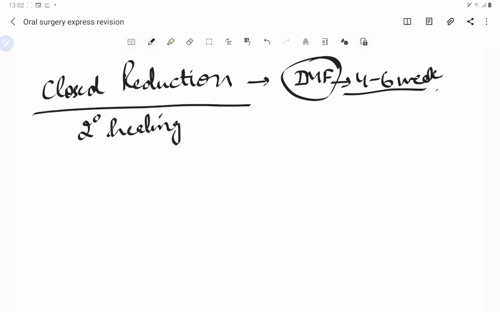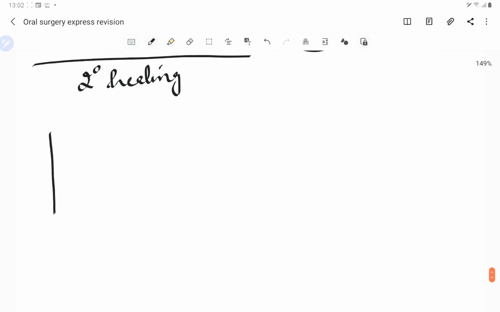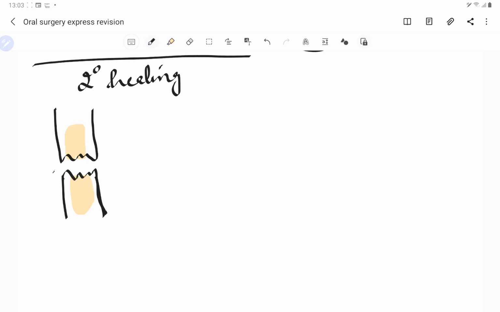Say suppose this was the fracture segment, guys. First of all, this was the bone. Now what happens, because of the fracture in the bone, we see the two fracture segments separate. In the bone, there were blood vessels, right?